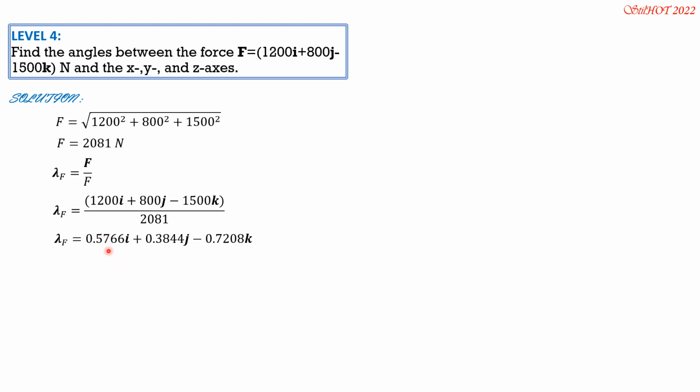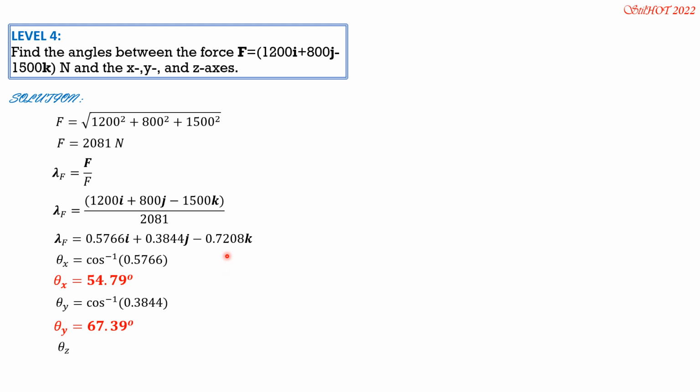So therefore, theta x is inverse cosine of 0.5766. So we can now compute theta x: 54.79 degrees. Theta y is inverse cosine of 0.3844, so theta y is 67.39 degrees.